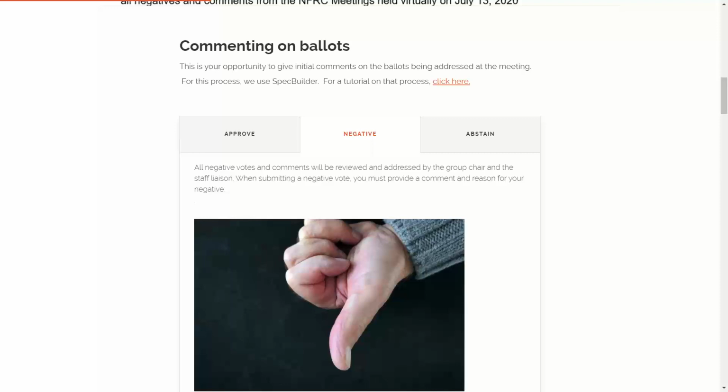Whether you change the language in the document using track changes or just provide a reason for the negative response, the recommended language you provide is given to the membership. You're providing them the reason, and they get to either agree or disagree with your comment. So that's very important. Make sure you always have some type of comment with the submitted negative.